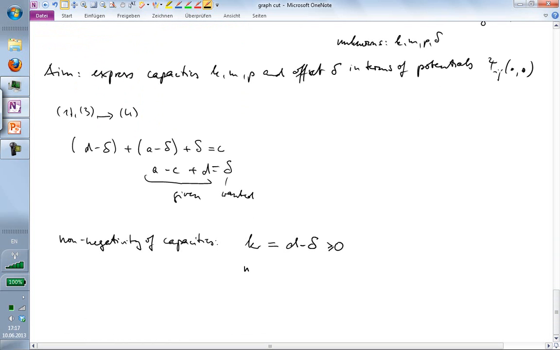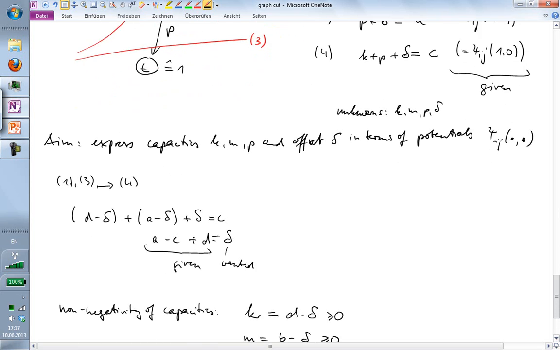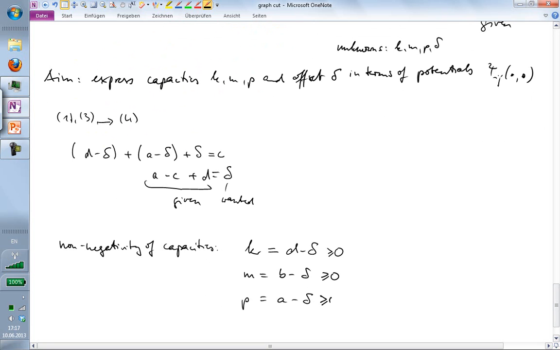And similarly M, which is B minus delta, should be no less than 0. And P, which is A minus delta, according to equation 3, should be no less than 0.